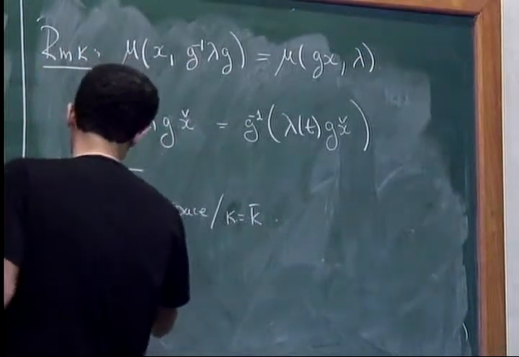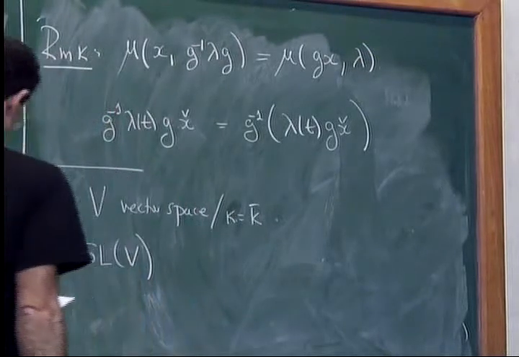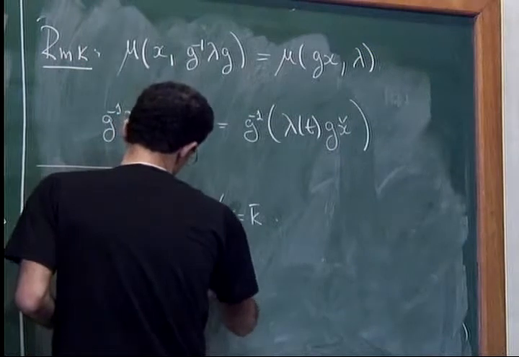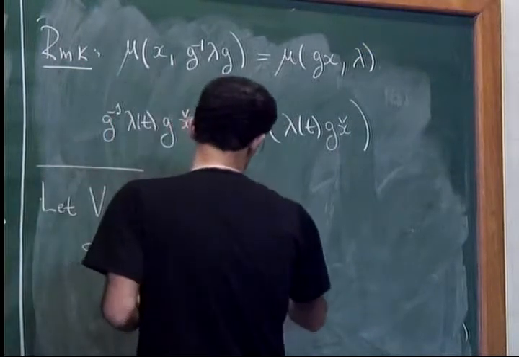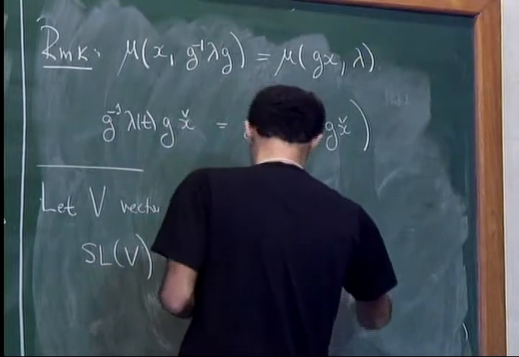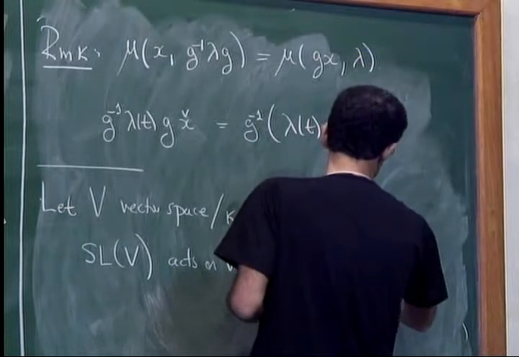So we have that the special linear group, operators with determinant 1, acts on V, on K of V and on K of V n for every n.